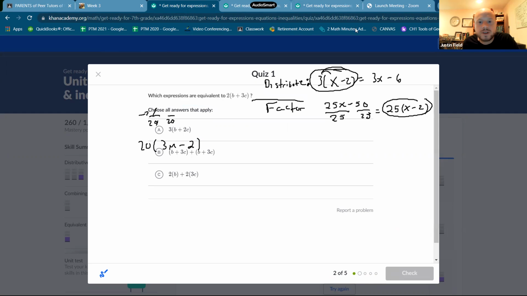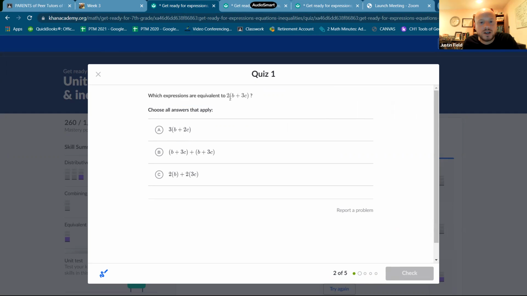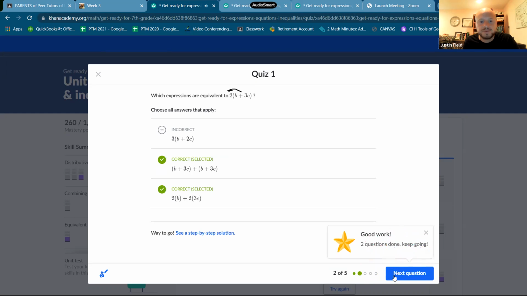Okay. Which expressions are equivalent? So like we said, distribute, so that'd be 2b plus 6c. 2b plus, okay, that works. And this would be b plus b is 2b, and 3c plus 3c would be 6c. And this would give us 6c, but it would give us 3b. So not that one.